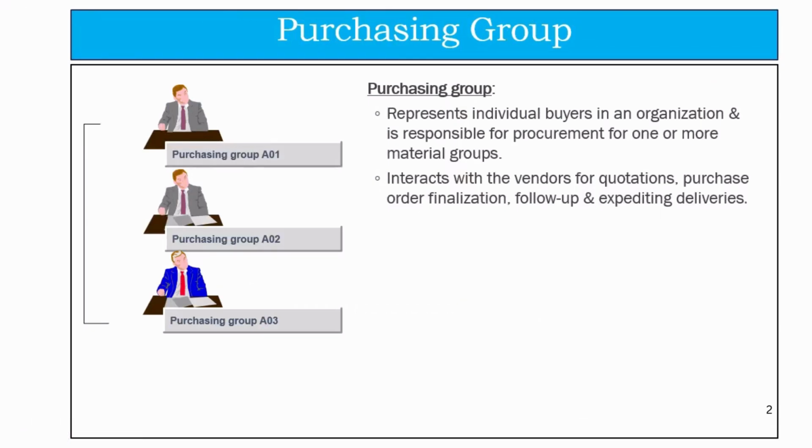Then you have purchasing groups, or you can say buyers. What is their job? Each purchasing group will have knowledge in a specific material. For example, some in chemicals, some in spare parts for automobiles, some in other material like steel.